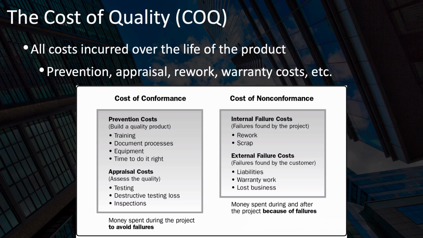Destructive testing is when the test destroys the sample, such as a crash test of a car. Prevention costs and appraisal costs are in the category of the cost of conformance and represent the cost to avoid quality failures. You need to understand these different costs of quality and how they're categorized and organized.